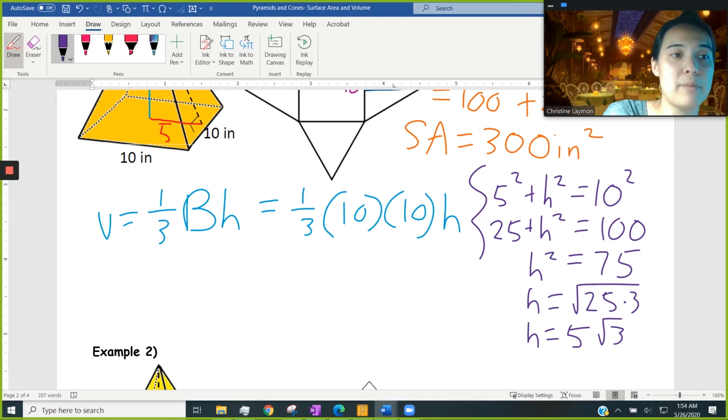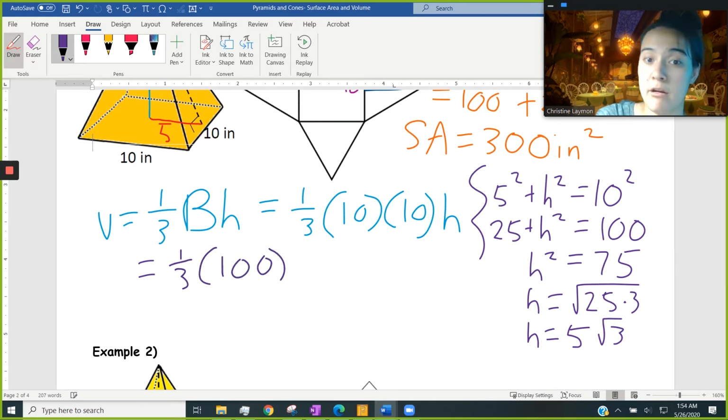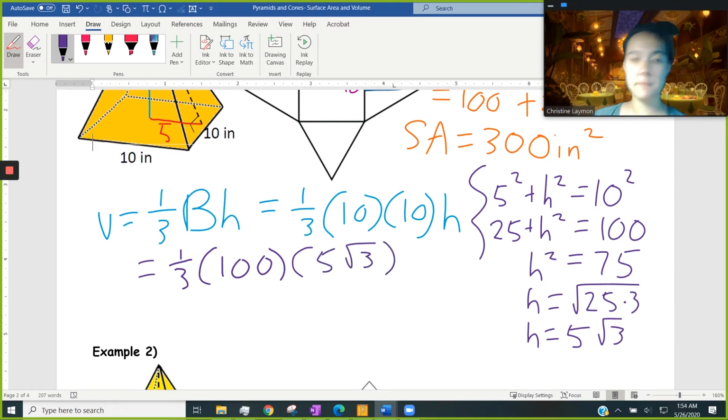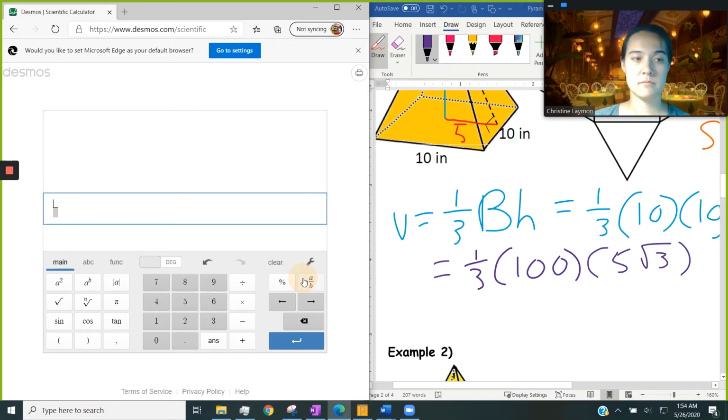Let's go ahead and now go backwards and plug that in. So I have 1/3 times 100, that's from the area of the square, and my height is 5 root 3. Let's plug this into a calculator. I've got 1/3, 100 times 5, then the square root of 3, and that'll give me the decimal approximate answer.